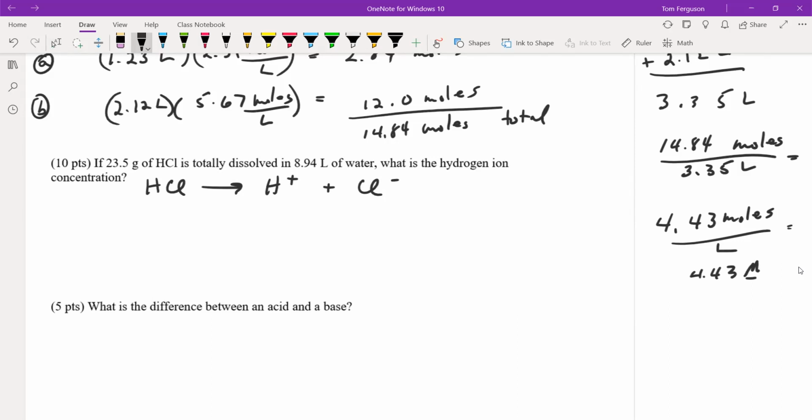Well, because we have a balanced equation, we know the moles of HCl equals the moles of H. Moles of HCl equals moles of chloride, Cl, because it's a balanced equation. So we can do everything using HCl. And then we know that's the same as the H plus concentration.